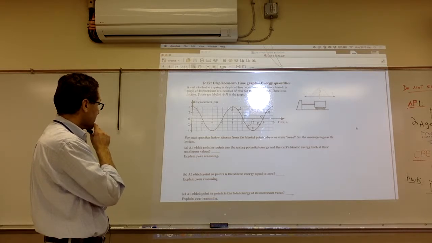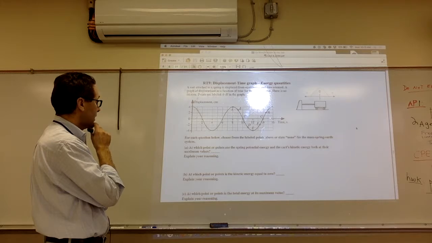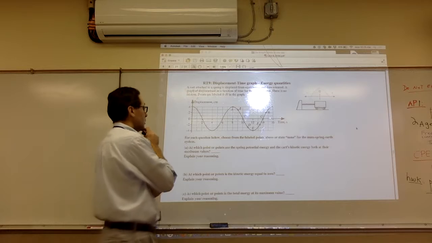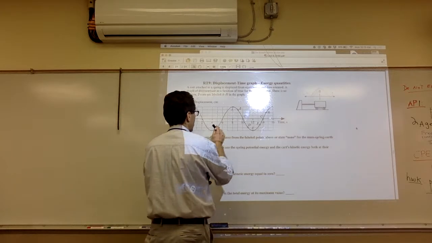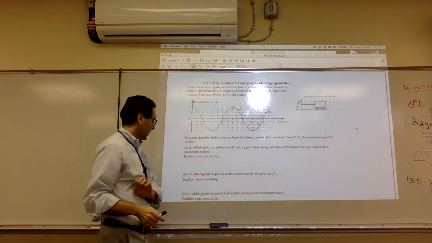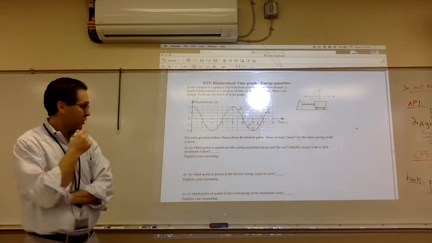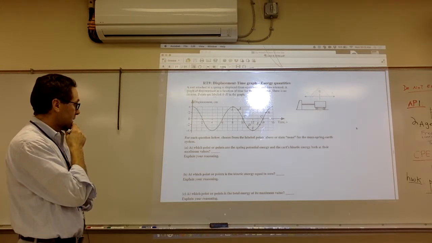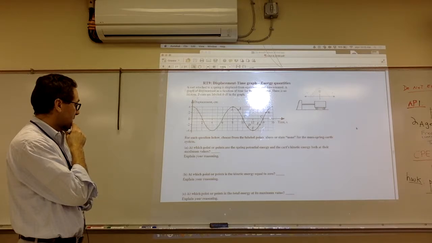At which point or points is the kinetic energy equal to 0? Well, it's equal to 0 when it stops and turns around, so it should be points A and E. At which point or points is the total energy at its maximum value?